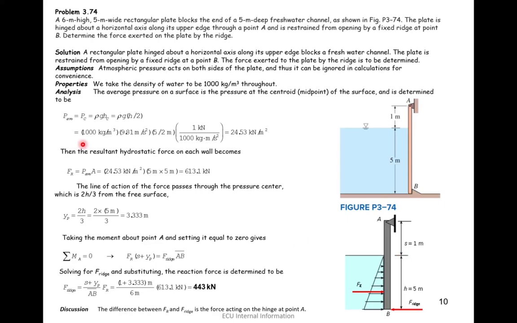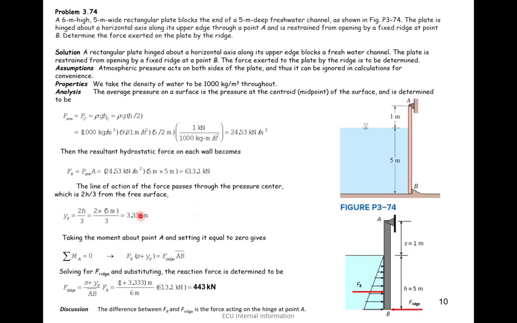And in here we have included also atmospheric pressure. So this term is conversion to kilonewton, but the rest is rho, which is 1000 kilogram. Sorry, we didn't consider atmospheric pressure. g is acceleration of gravity, and hc is 5 divided by 2. Then the pressure would be that one. So if we multiply this pressure by the surface area, it is the force that is exerted on the surface.